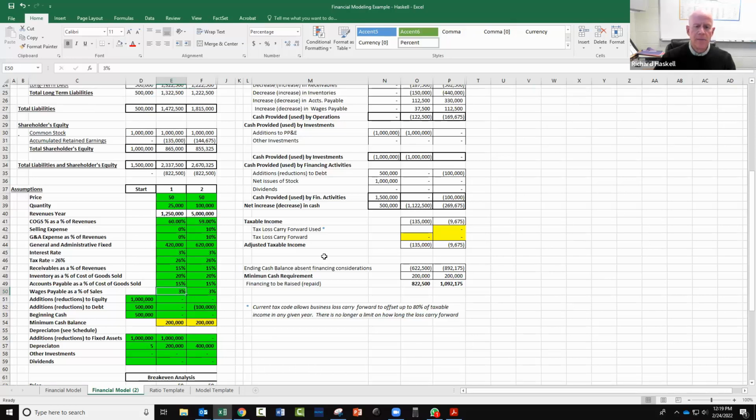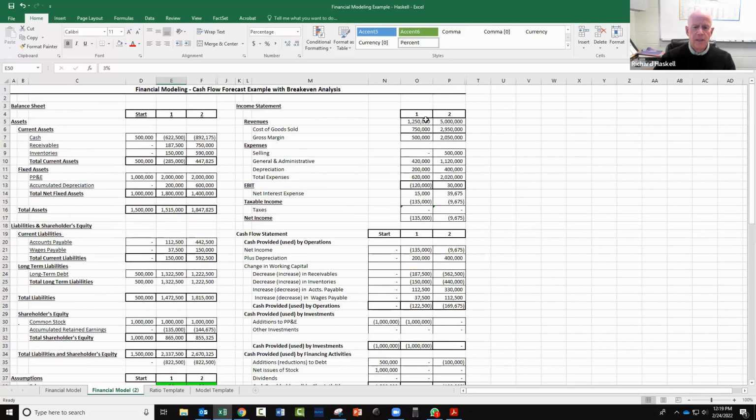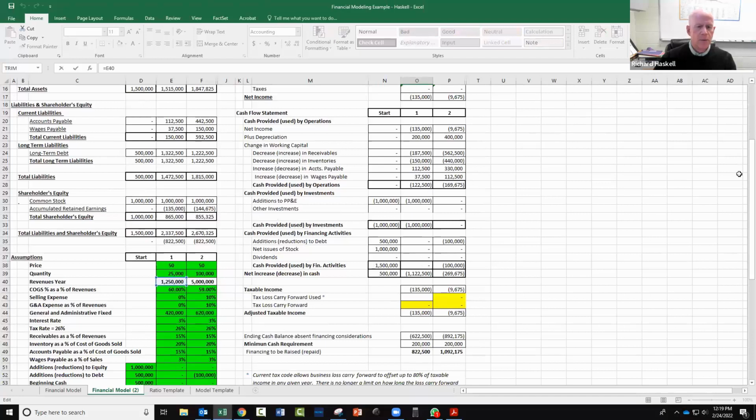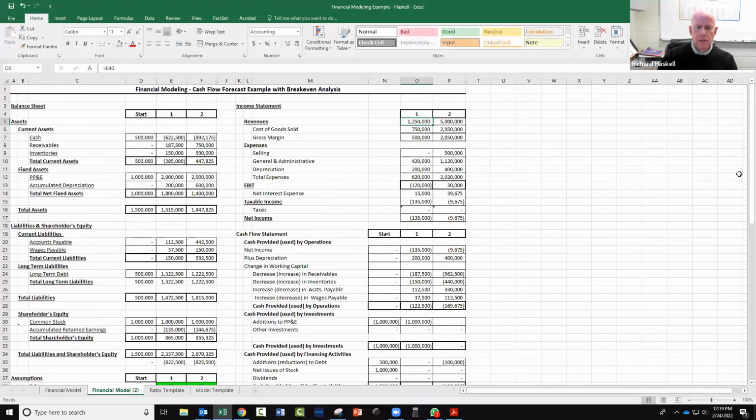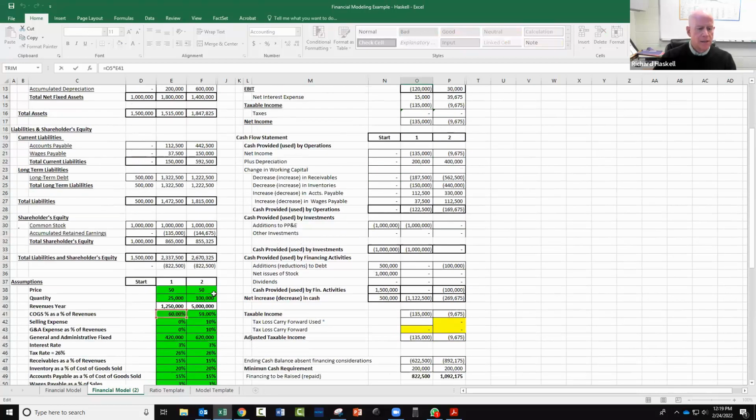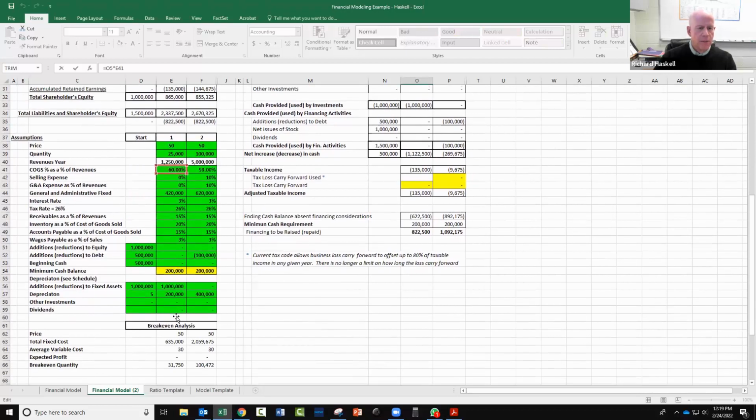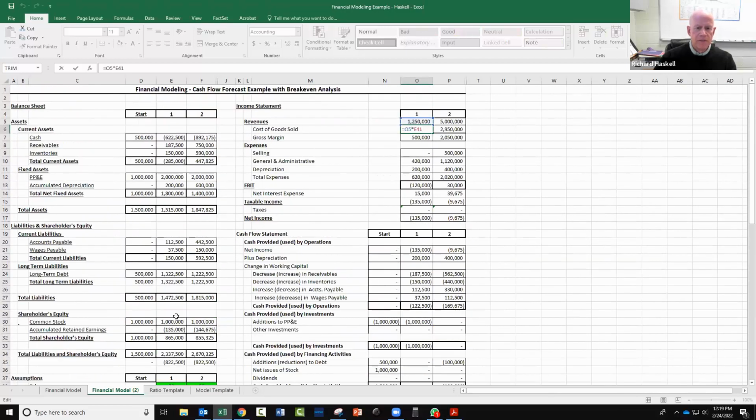So we're going to the income statement first, and we'll go to the balance sheet. So on the income statement, I'm simply pulling over the cell reference where we have the revenues. That's easy. For cost of goods sold, I'm taking 60% times the revenue, because we said cost of goods sold would be 60% of revenue.